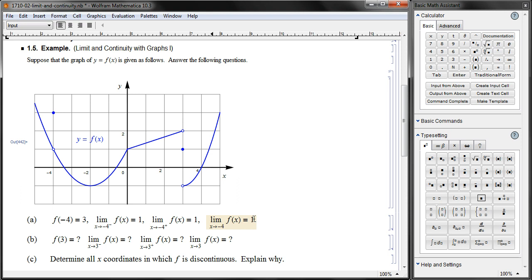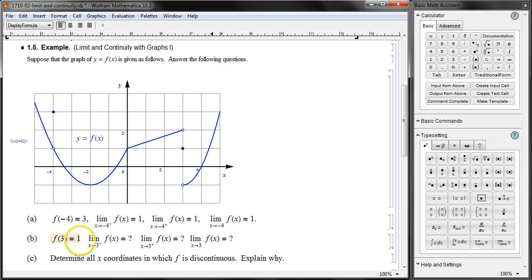Now another point at x equal to 3. Alright, we have done this before, so we can go ahead rather quickly. Function value at x equal to 3, so this point, what's the y-coordinate value? That's 1. Alright, now left-hand side limit, 3 minus.